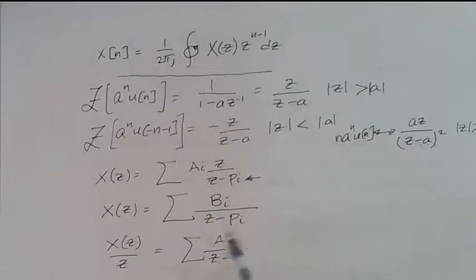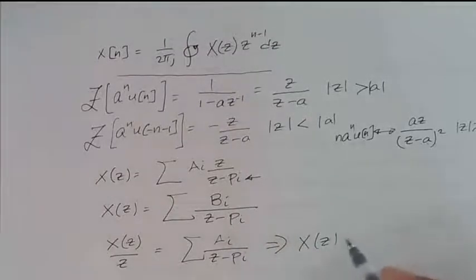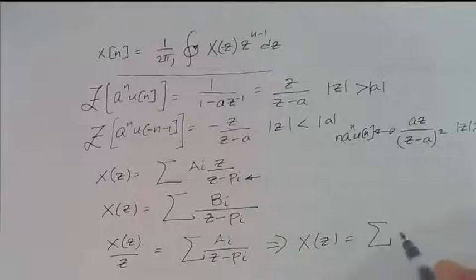And then once I have found what these a sub i's are, I just multiply it through, and that means X(z) can now be written as the summation of a sub i z over z minus p sub i.